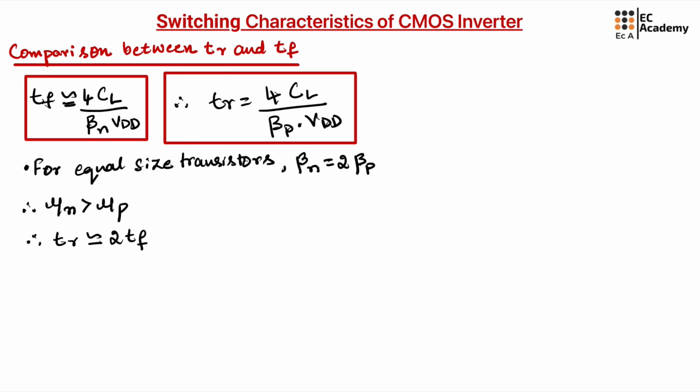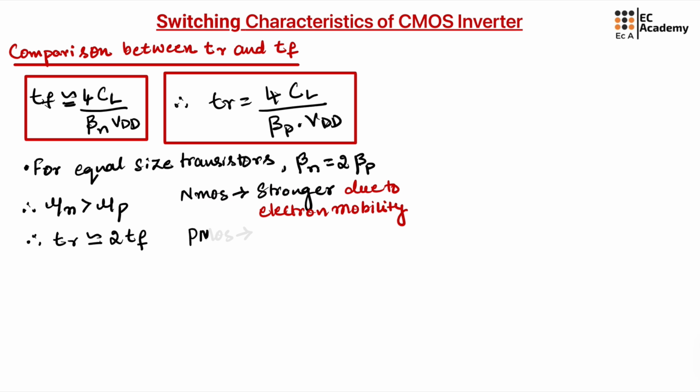If we say equal sized transistors, which means the size of NMOS and PMOS are same. So here NMOS is stronger due to electron mobility, and PMOS is weak due to hole mobility, which is lower.